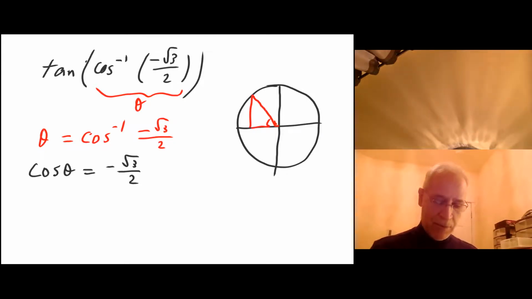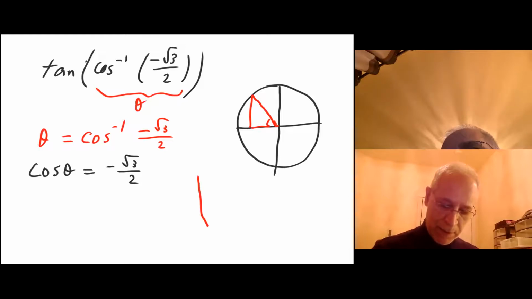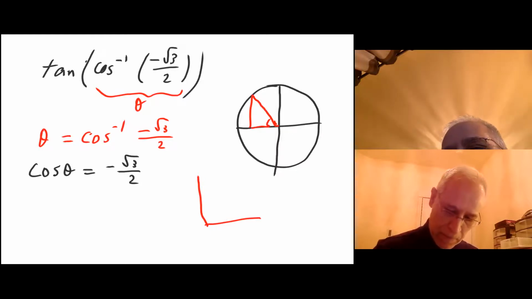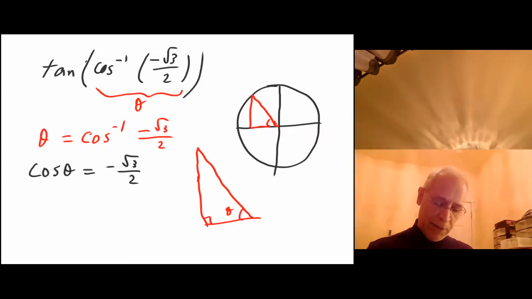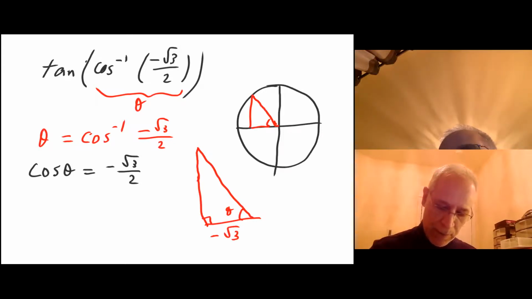So here's my triangle. Adjacent over hypotenuse, so minus root 3 over 2.